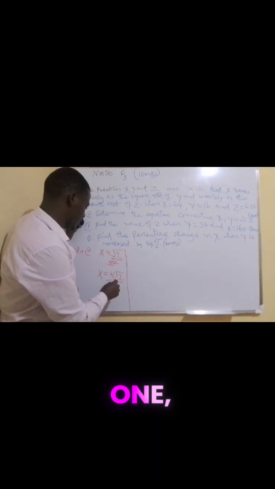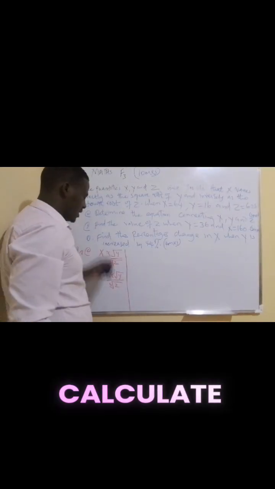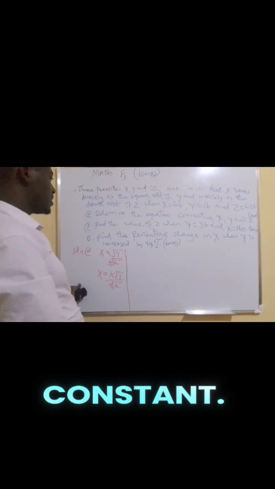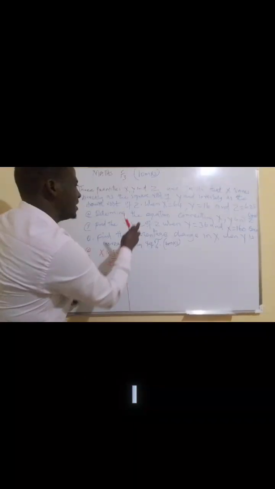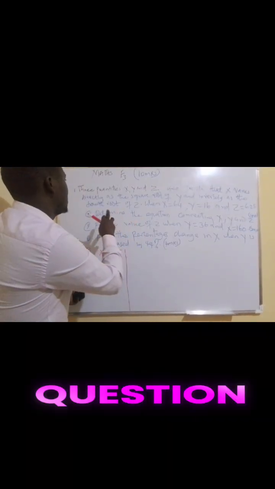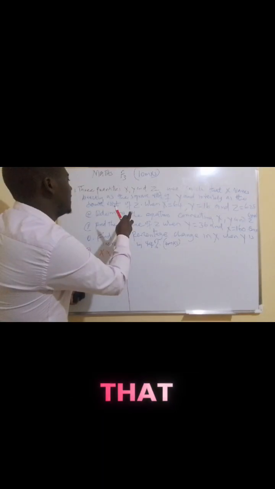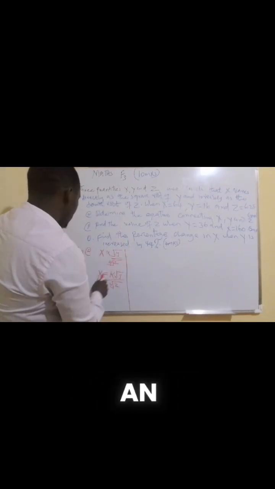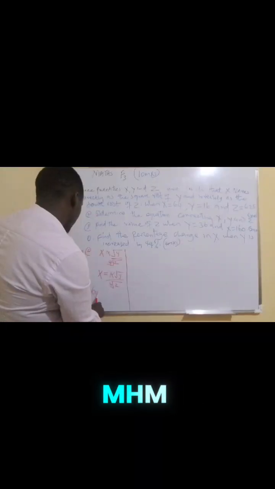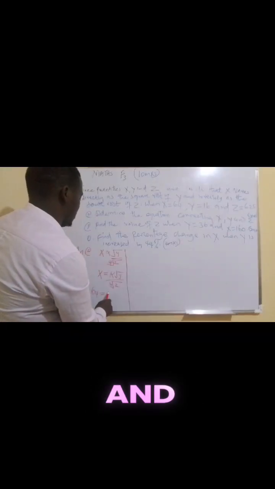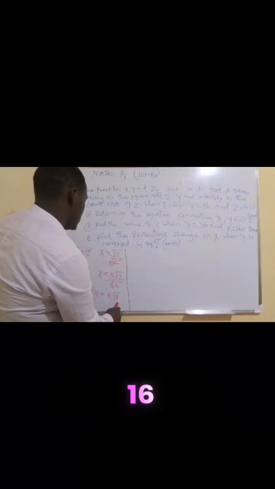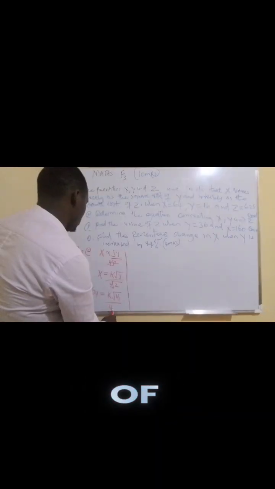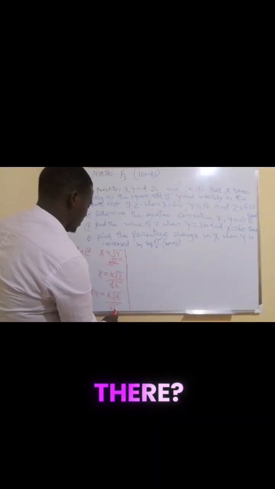With this one, let's calculate the value of the constant. In question 1, we are told that when x is 64, y is 16, and z is 625.